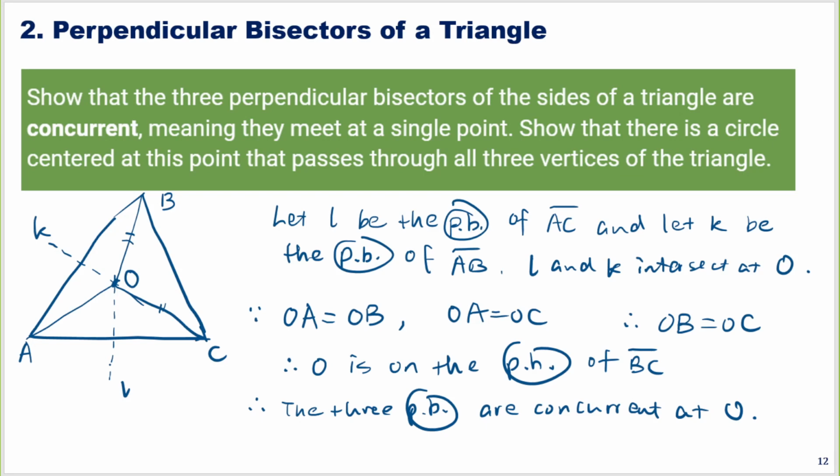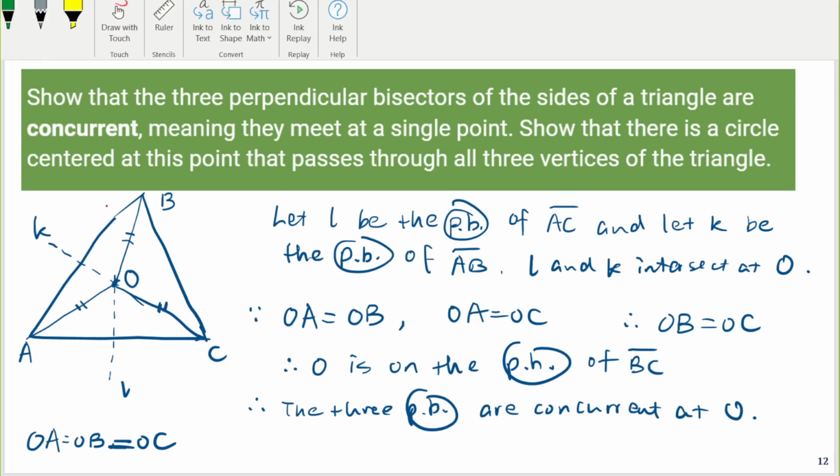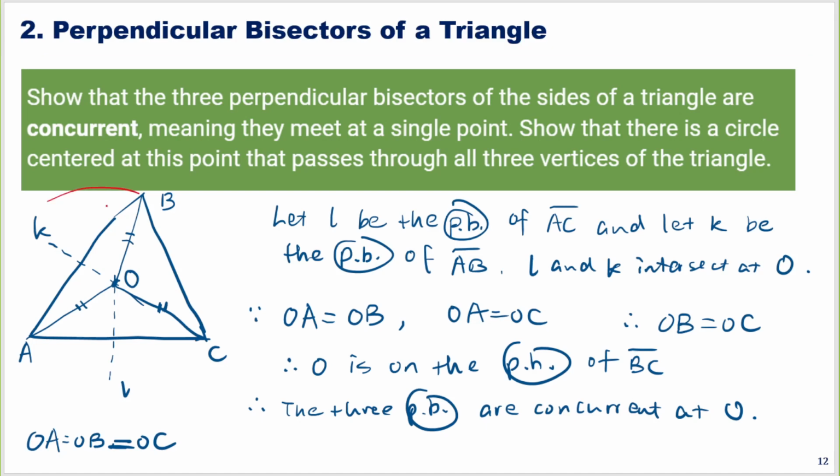And then if we have OA equals OB equals OC, then we can use this length to draw a circle, right? If you use a length OA, OB, or OC to draw a circle like this, then A, B, and C must be on that circle, right?